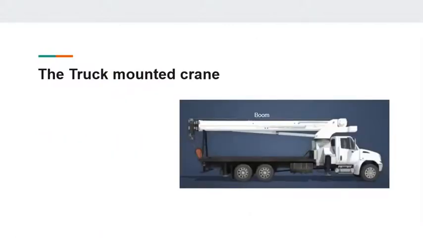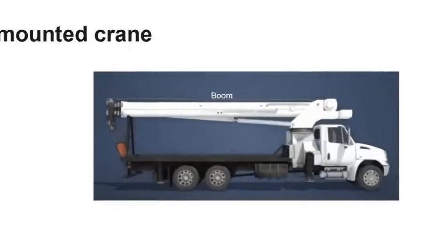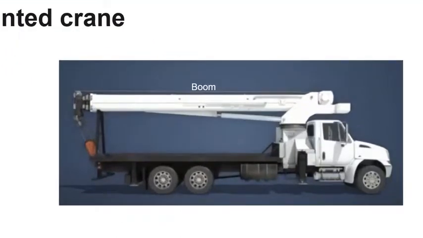Finally, consider an even simpler mechanism, the truck-mounted crane. This crane has just one cylinder to vary the angle of the main link called the boom. Let us see what happens when we actuate it.